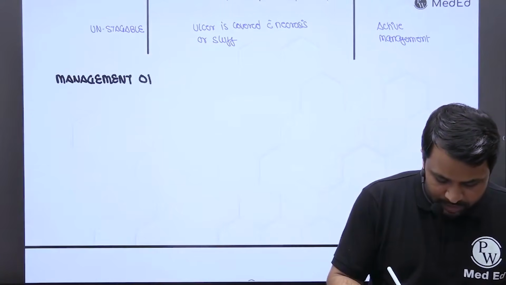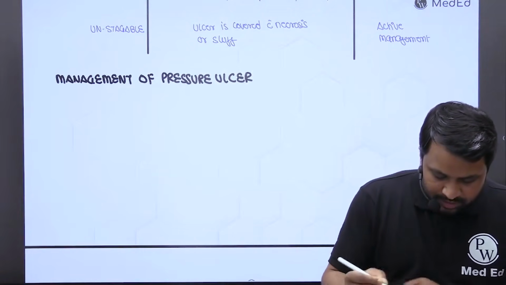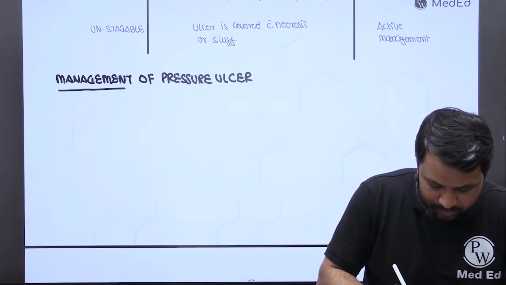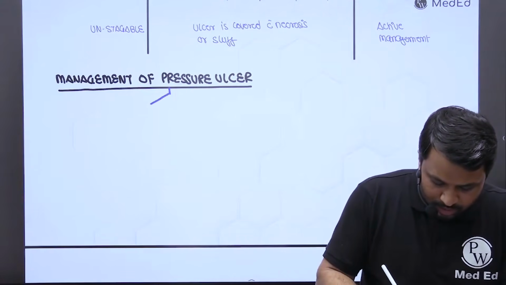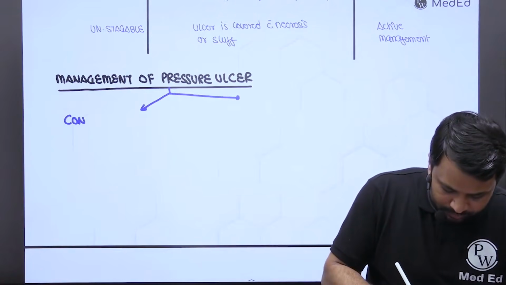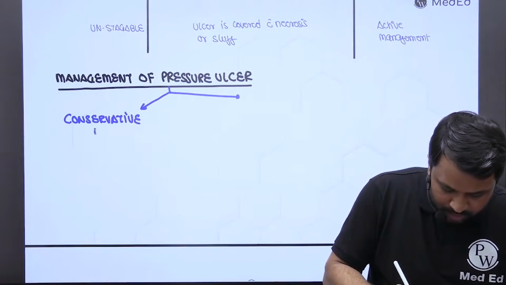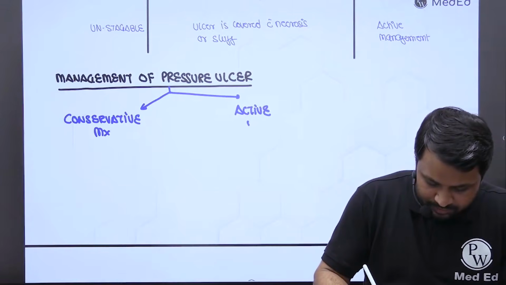In the management of the pressure ulcer, as we said, we have two components. One is going to be the conservative management, another one is going to be active management.